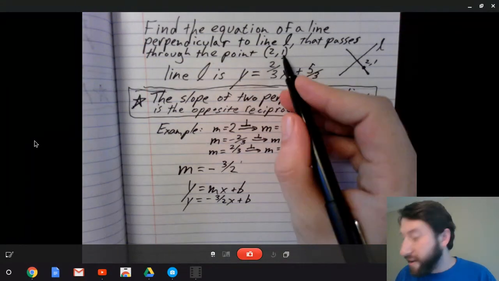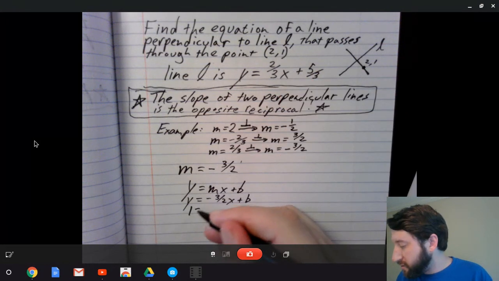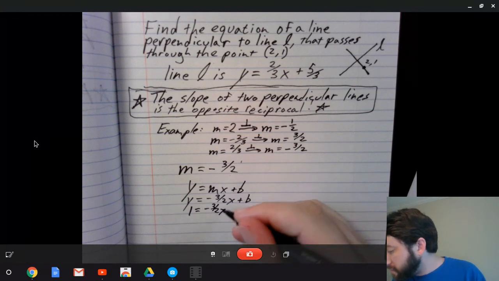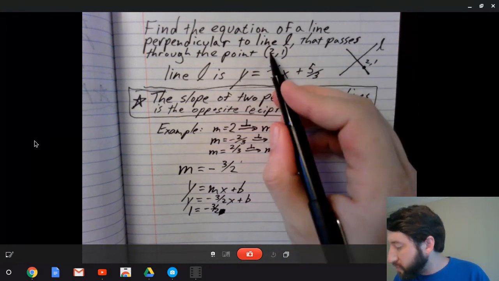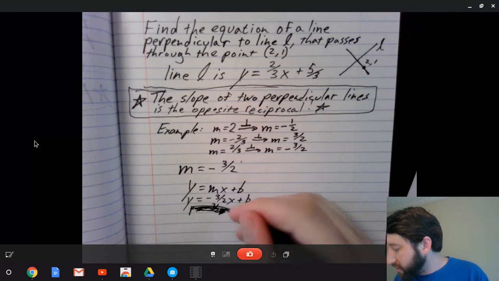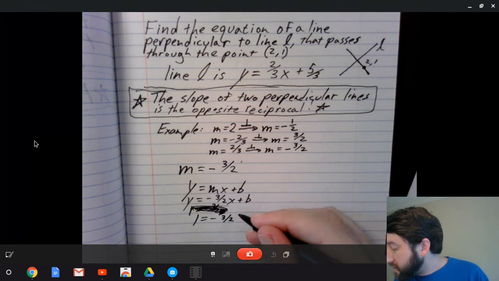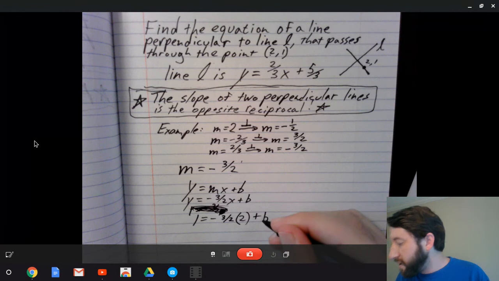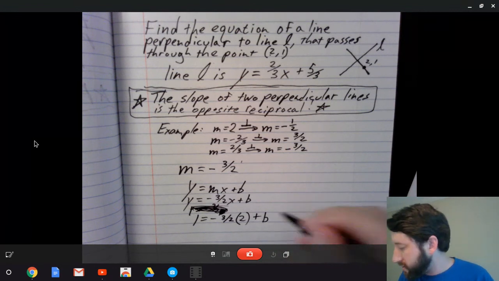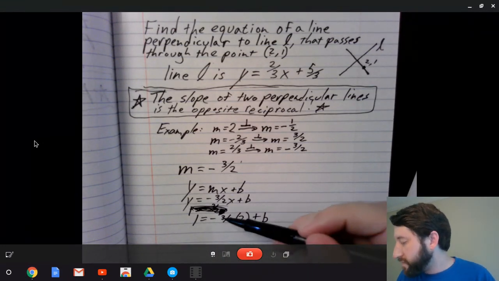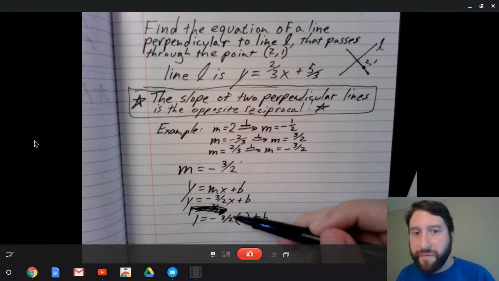So my y is going to be 1. I have 1 equals negative 3/2 x. I'm sorry, not x, because I know what x is. x is 2. Let me just rewrite that completely. 1 equals negative 3 halves times 2, where 2 is my x, plus b. Now b, I can't fill in anything for b because I don't know what that is. Negative 3 halves times 2 is like saying negative 3 over 2 times 2 over 1.